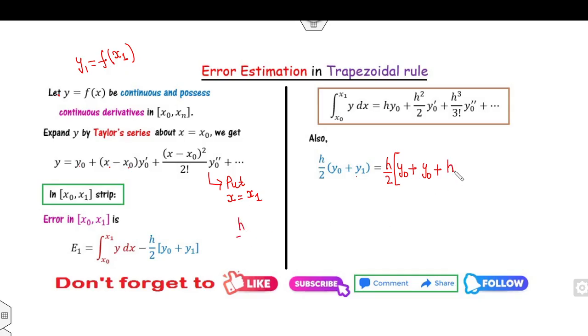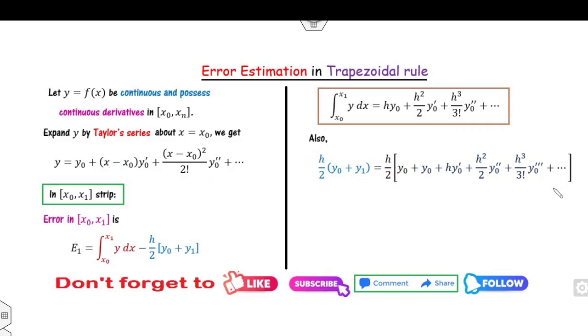So this quantity is h times y0 dash, plus h square divided by 2 factorial y0 double dash and so on. Fine. Now you can open this bracket. If you multiply, the 2 will be cancelled. It is h y0, plus h square divided by 2 y0 dash, plus h cube divided by 4 y0 double dash and so on.